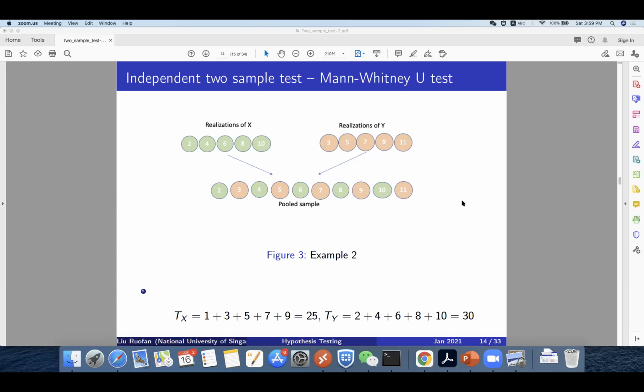So just for the Mann-Whitney U test, what if we use independent as dependent, and what is going to happen? What is the ground truth? The ground truth is independent. And we use the independent.